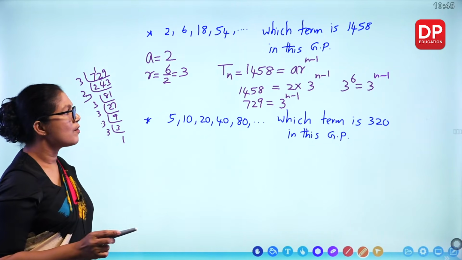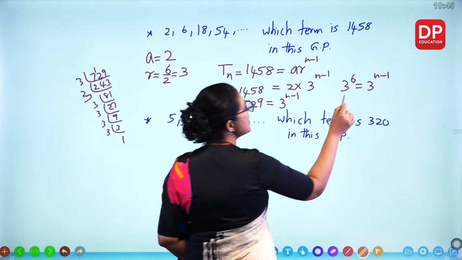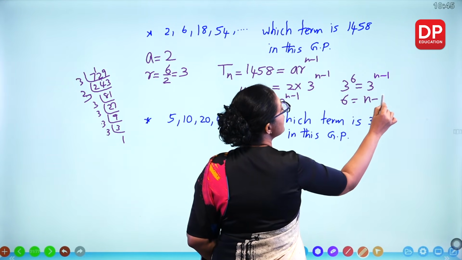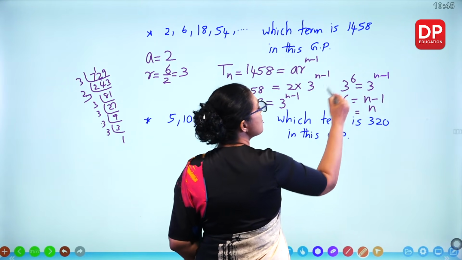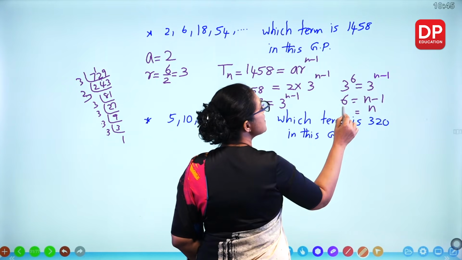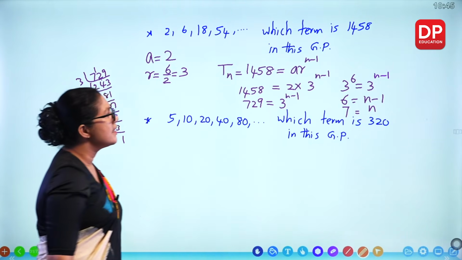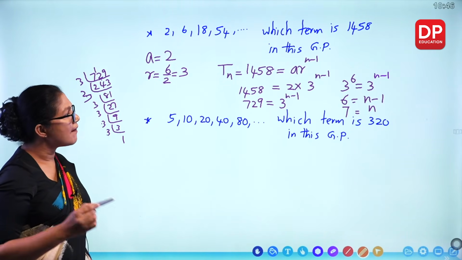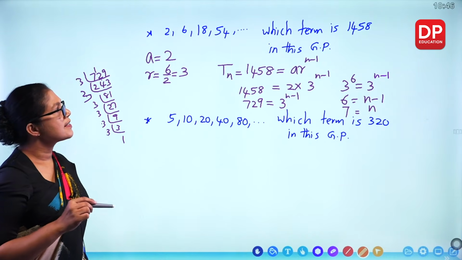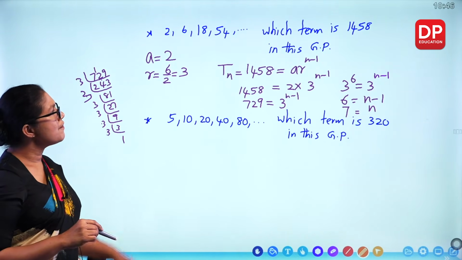Same bases now. You can compare the powers. 6 is equal to n minus 1. n becomes, when you take minus 1 to the other side, 6 plus 1, that's 7. So the 7th term is 1458.